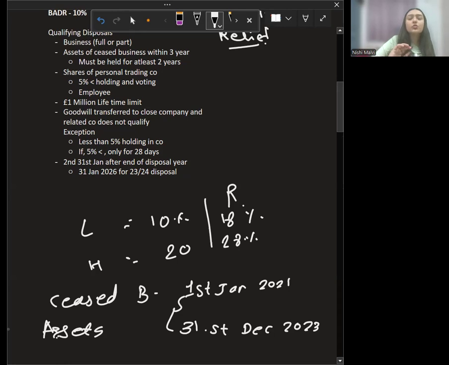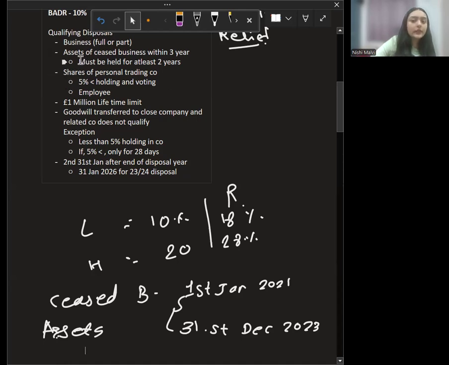One thing very clear: business asset disposal relief is not on the assets themselves. The only condition is that the asset belongs to the ceased business. Then only can you claim it. Or else, if the whole business or part of the business is sold, then you will think of this. Now we'll see another condition.